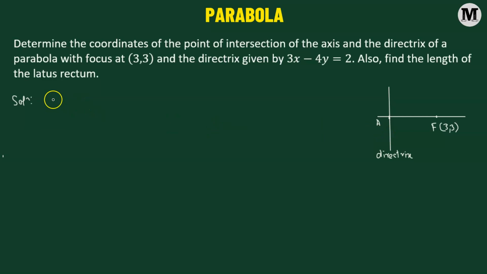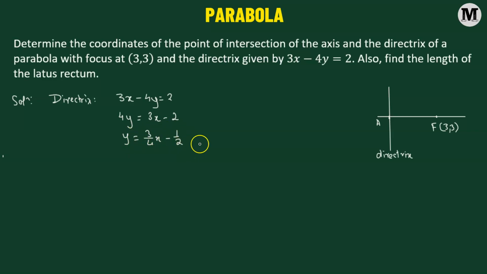So let us begin by first considering the equation of the directrix. Here the equation of the directrix is given by 3x minus 4y equals 2. We're going to rewrite the terms. We can rewrite 4y as equals 3x minus 2. We can divide each term on both sides by 4 to get y equals 3/4 times x minus 2/4, which is 1/2.